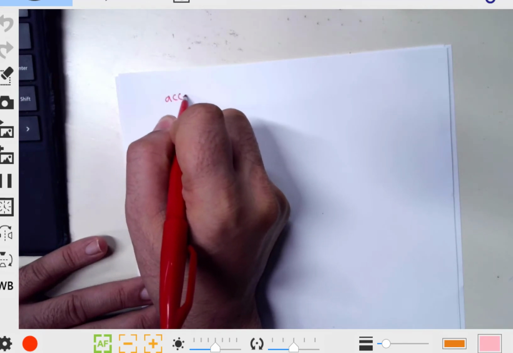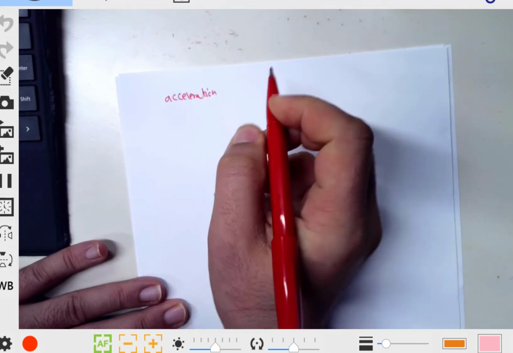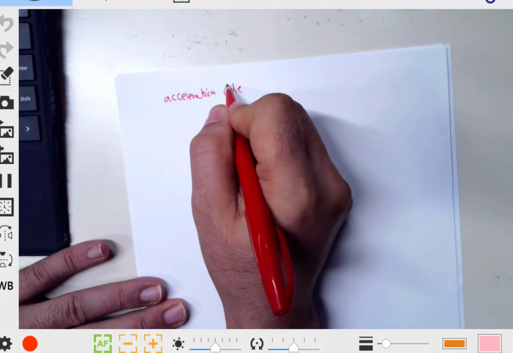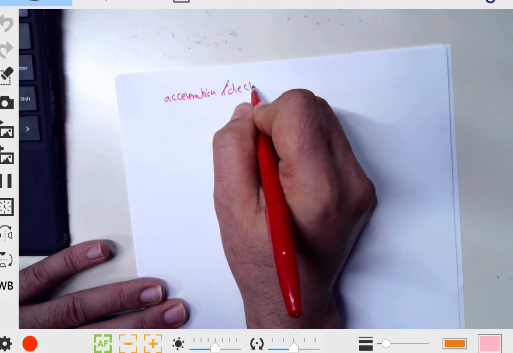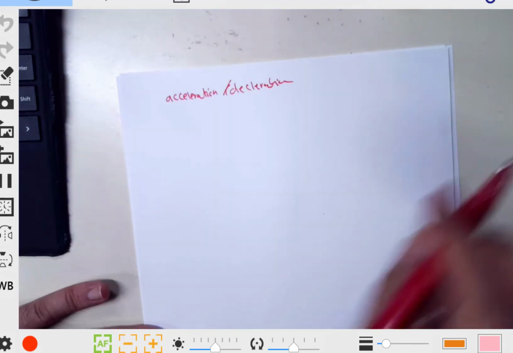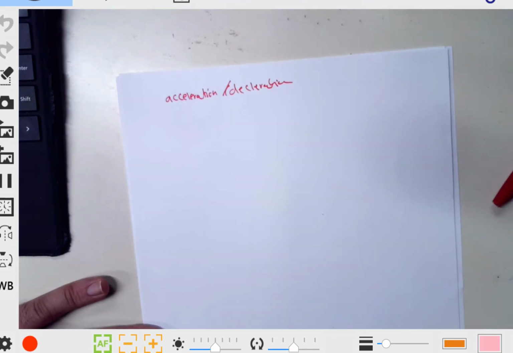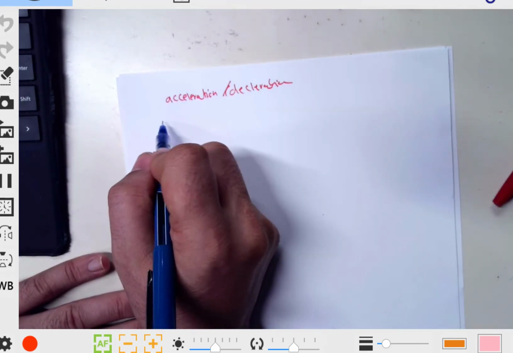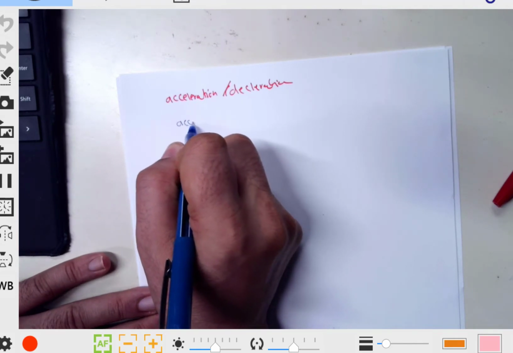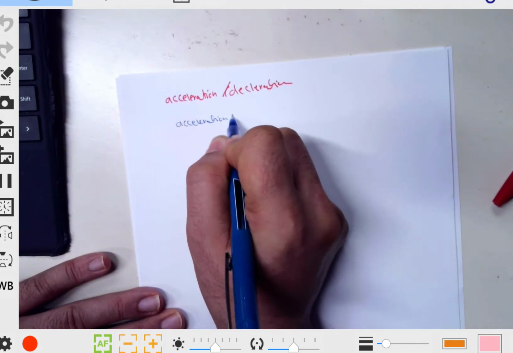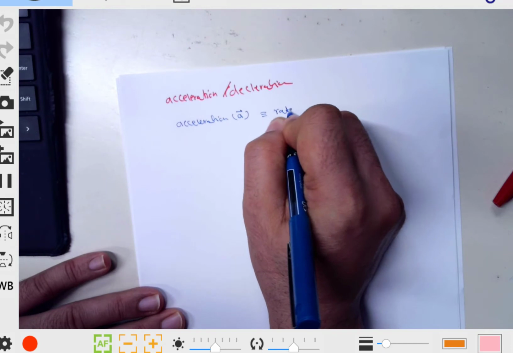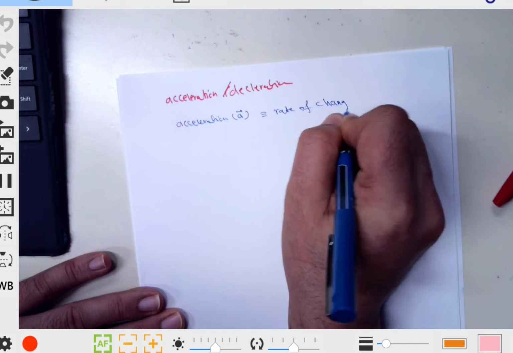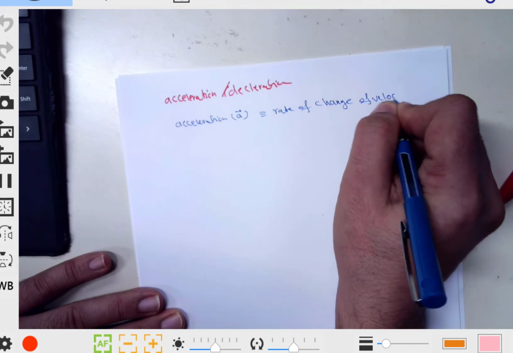Great. Now, moving forward, acceleration, or also deceleration. Acceleration is the opposite of deceleration. So what's acceleration? Acceleration is a vector. Commonly we call it a, and it's the rate of change of the velocity with respect to time.